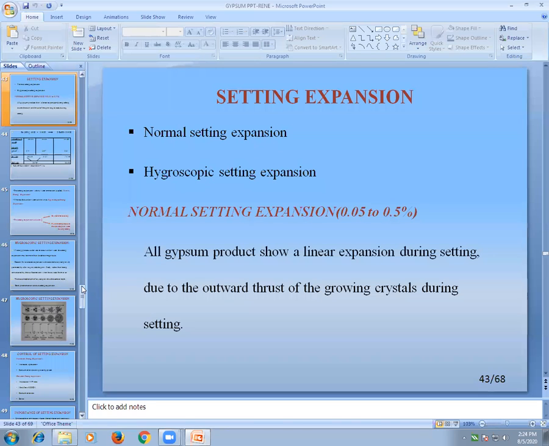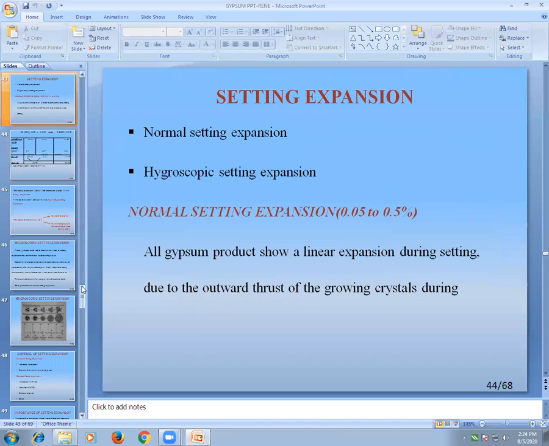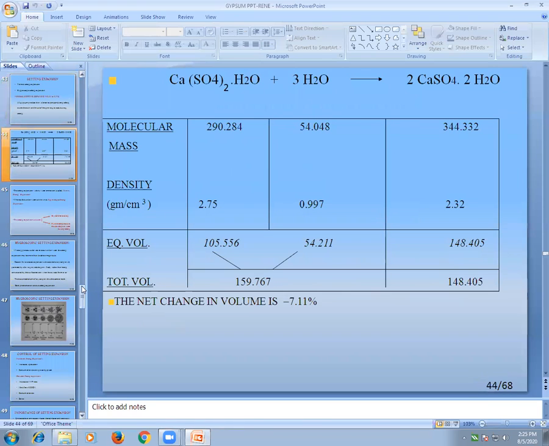When the setting reaction occurs between the water and plaster, the dihydrate crystals precipitate out. So that causes the outward thrust of the growing crystals, and because of that, there is setting expansion. And this is the normal type of setting expansion.